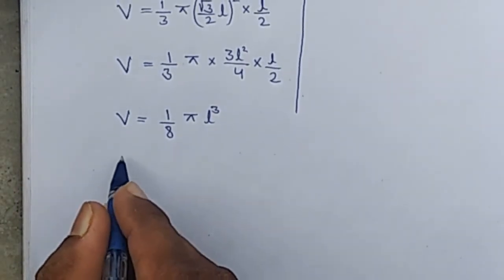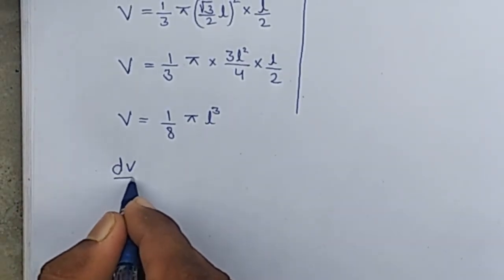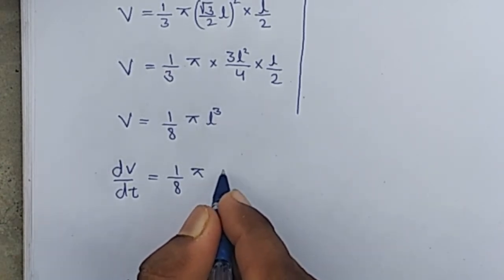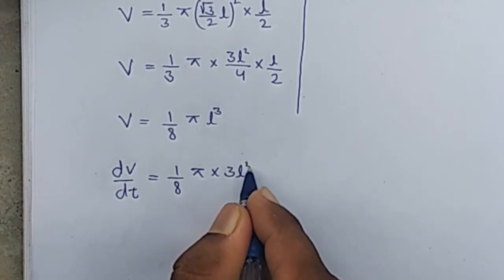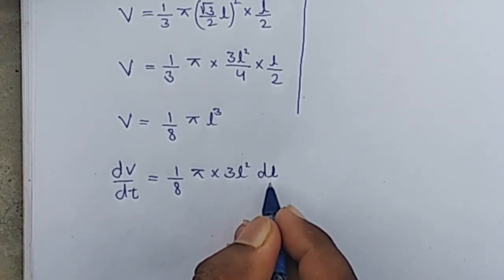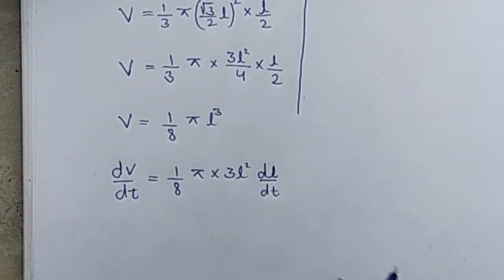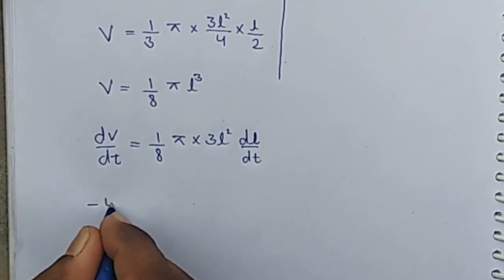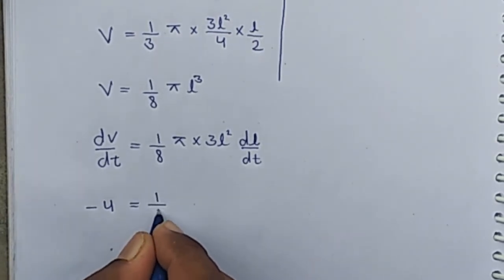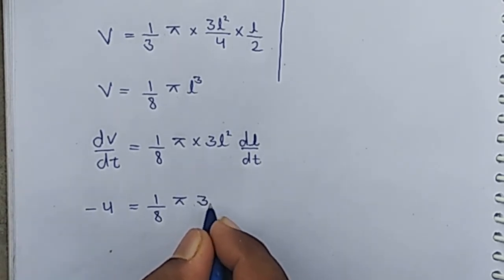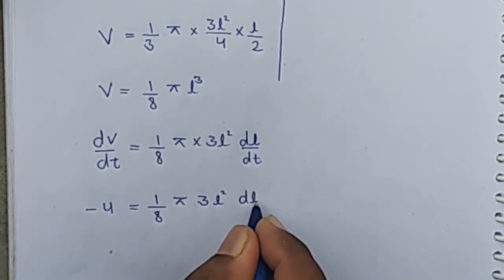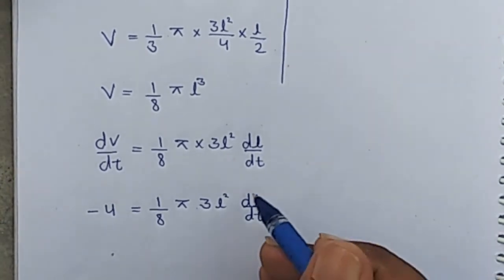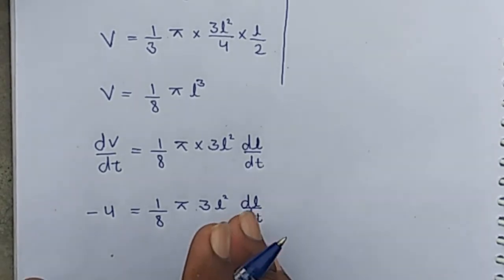Differentiating, we have dV by dt equal 1 by 8 pi into 3L square dl by dt. Put the value of dV by dt, which is minus 4. Then minus 4 equals 1 by 8 pi 3L square dl by dt, and we have to find the value of dl by dt when L equals 3.